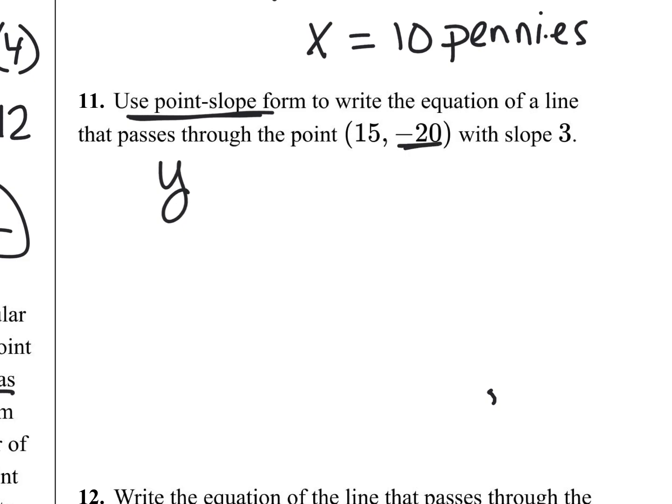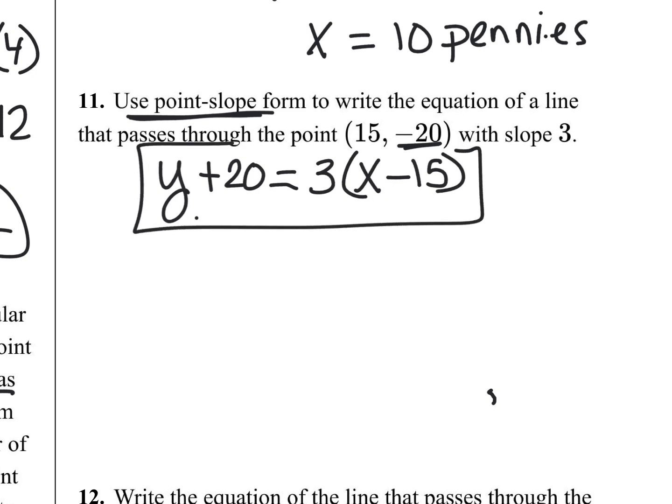So y minus negative 20 would be the opposite, plus 20, right? Equals your slope, which is 3, times x minus x1. So x minus 15. Okay, that's your answer. You didn't have to do anything else. That's all it wanted. And remember, it's y minus y1 equals m times x minus x1.